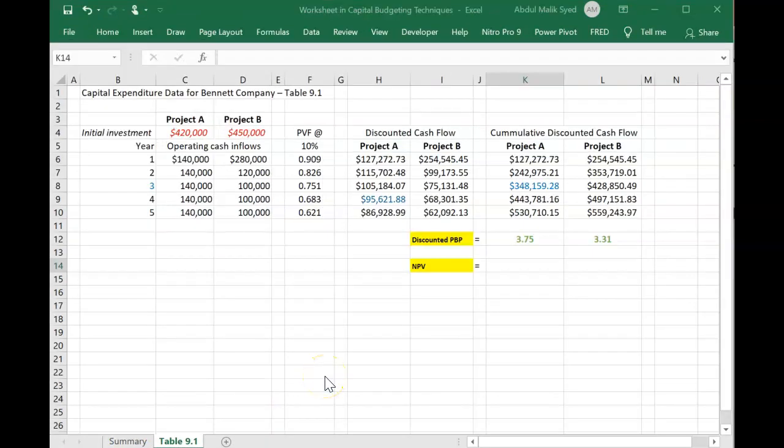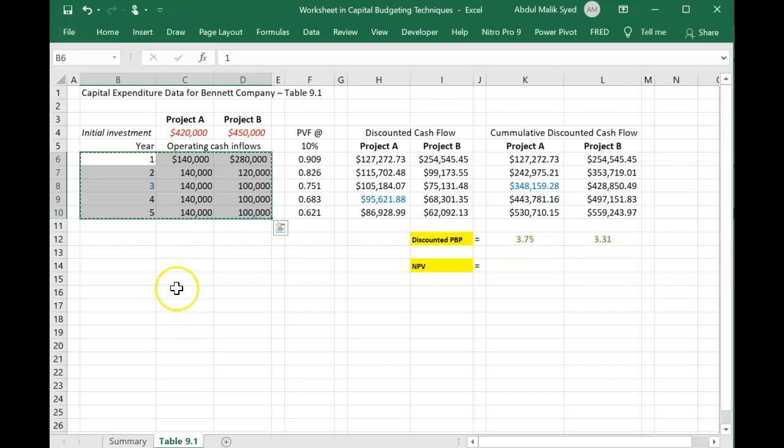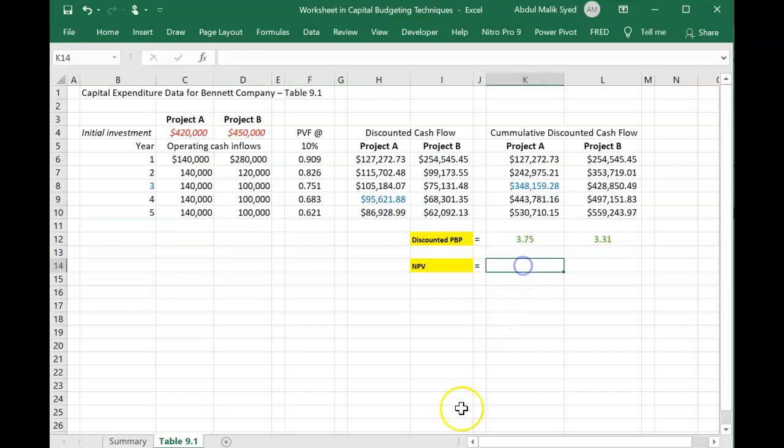Now that we are back in the Excel sheet, in the previous slide we computed the cumulative discounted cash flow and the discounted payback period for project A and project B. Let's calculate NPV for project A and project B. We bring the cash flows here.